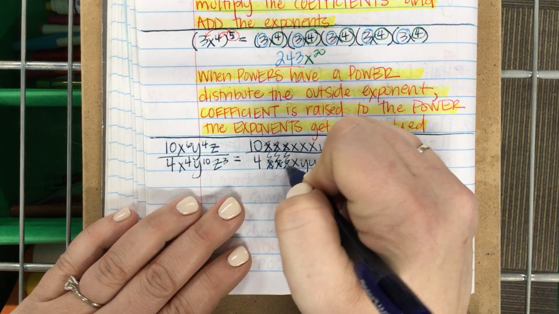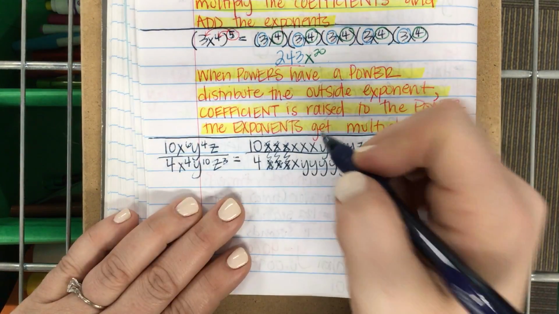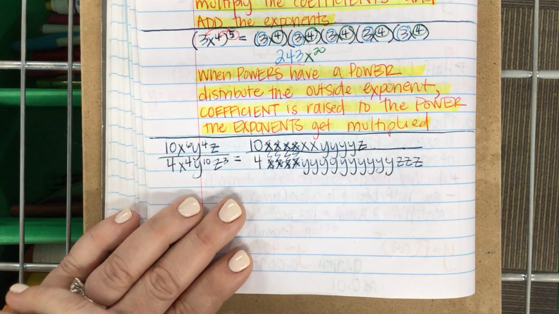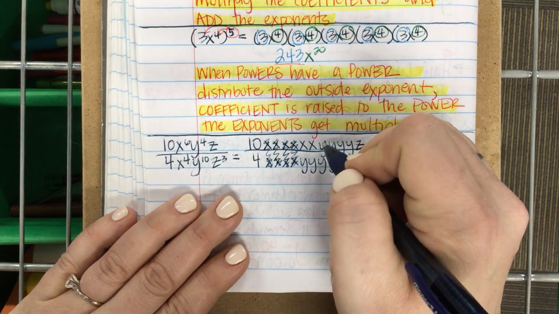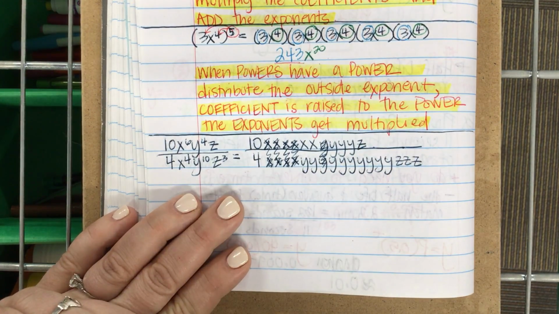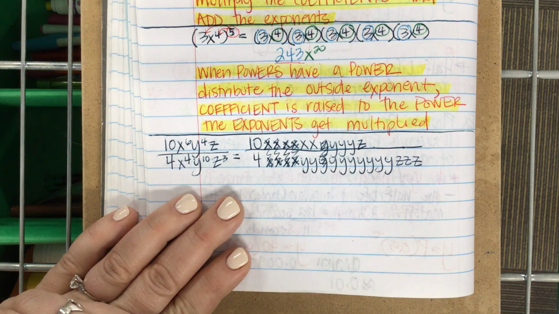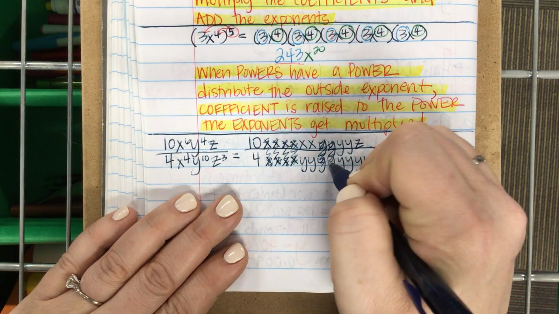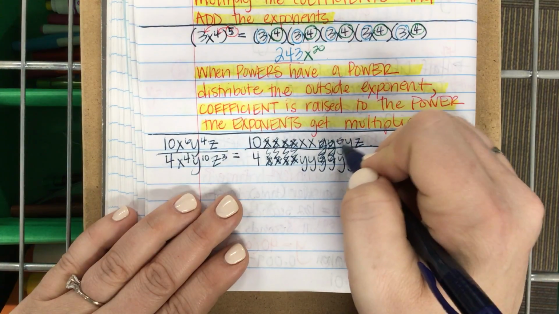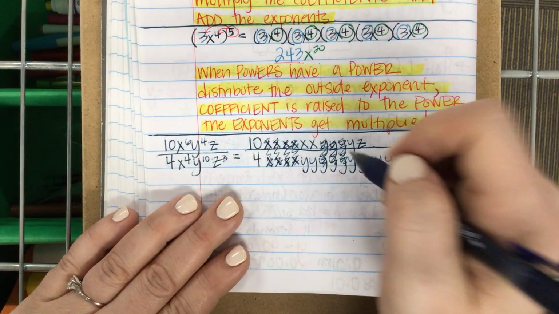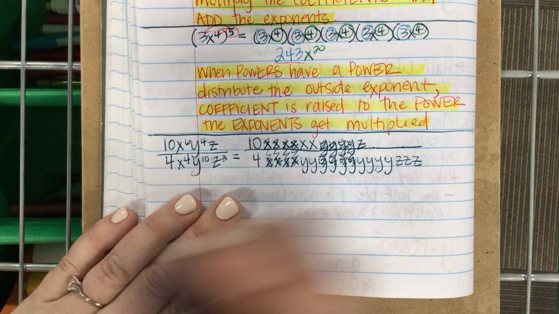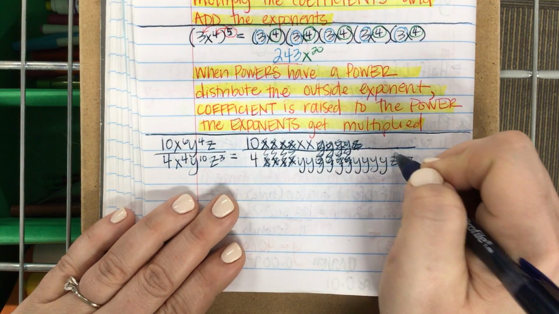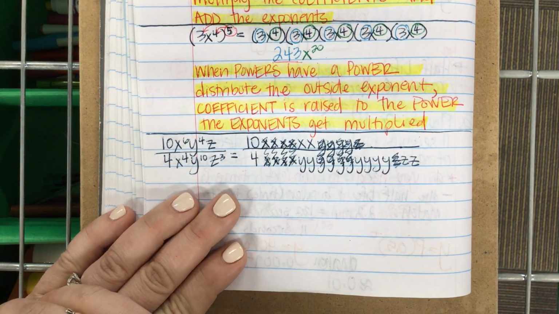X divided by x cancels out. And x divided by x cancels out. Anything else cancel out? Oh, I can cancel out one set of y's. Anything else? Another set of y's. And one more set of y's. And one more set of y's. Anything else? One more z. Anything else? No.